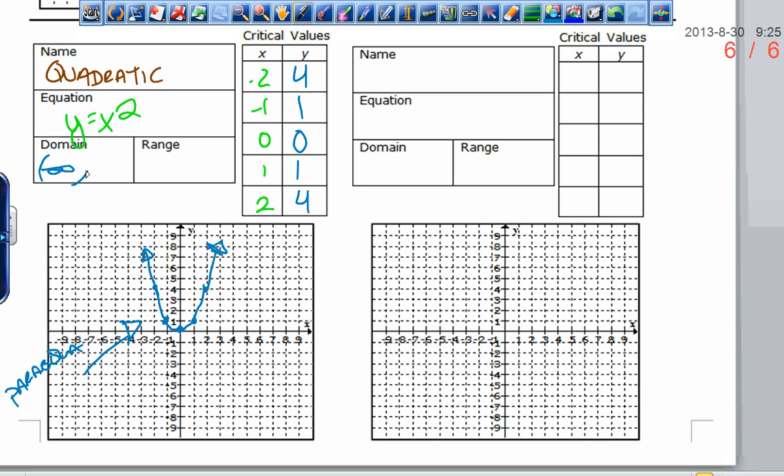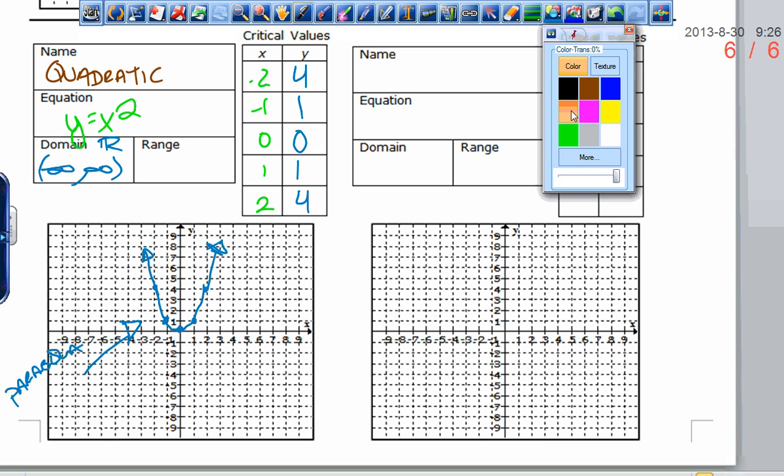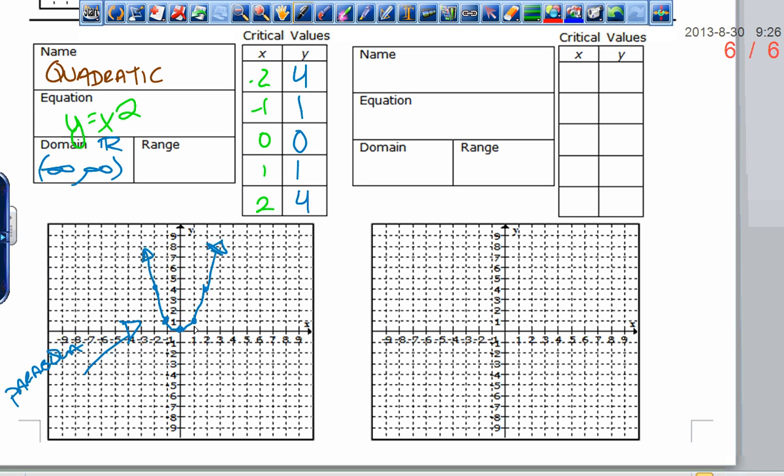Negative infinity to positive infinity, or all real numbers. Good job. You guys know what the range is? 0 to infinity, and what am I using around it? Bracket and parentheses. Good job.